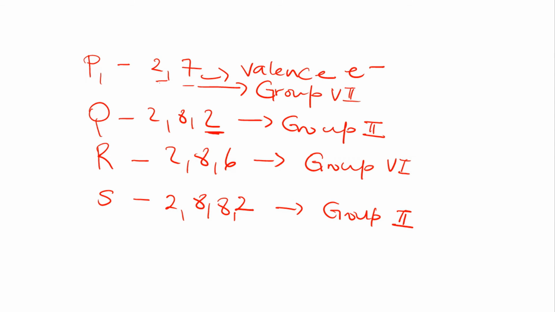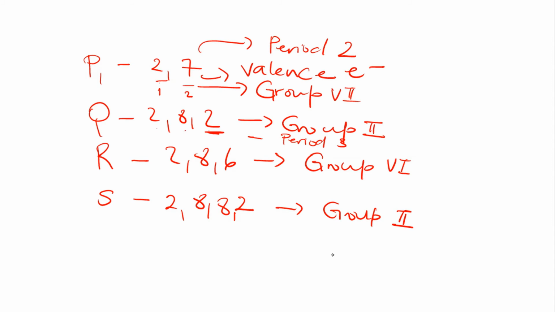So P has two occupied electron shells, therefore period 2. Q has 1, 2, 3, so period 3.